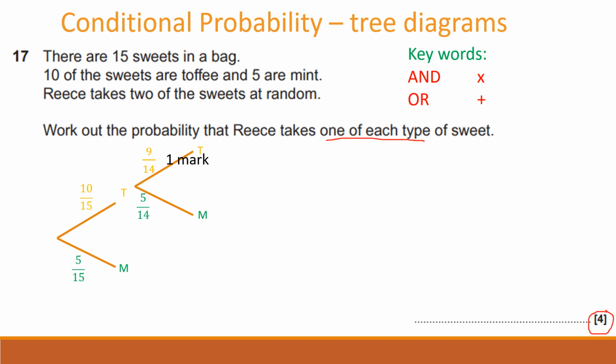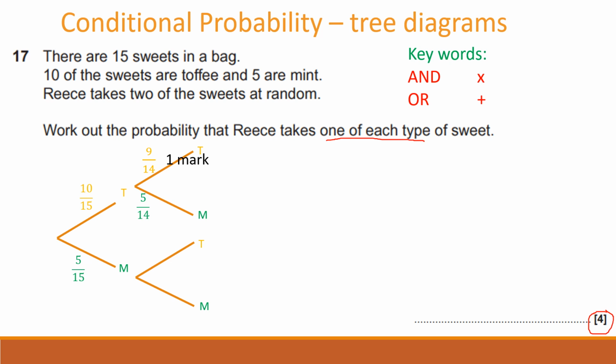We're now going to go back and restart the whole process again, and think about what happens with the mint. I've got 15 sweets in the bag. I've now pulled out a mint sweet, and the probability of doing that was 5 out of 15. Now I can pull another sweet out, which will either be a toffee or a mint again.